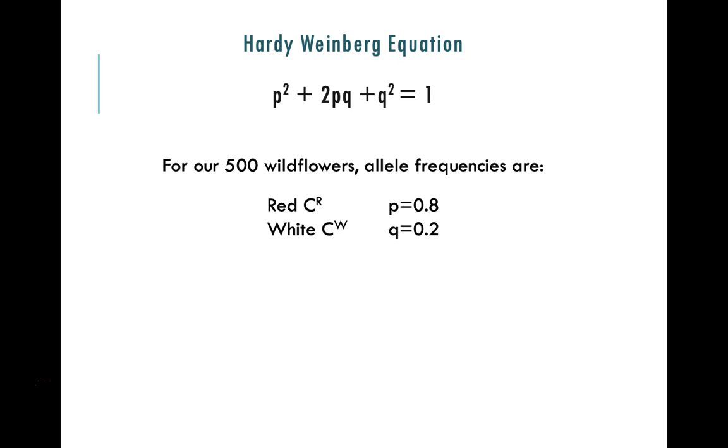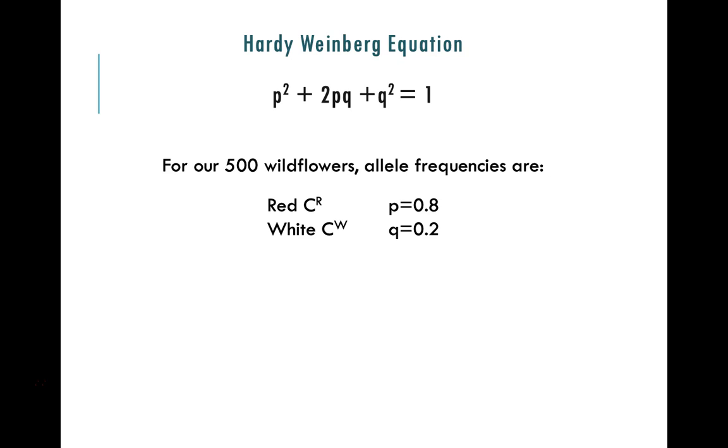These are those same pink, red, and white wildflowers that we saw in the genetic drift example. And we're going to look at the allele frequencies. So p and q are going to be equal to the frequency of the allele for two different alleles in a population. In this situation, we have a red allele and we have a white allele. Now this could just as easily be a dominant recessive allele, where p is equal to the frequency of the dominant allele and q is equal to the frequency of the recessive allele.